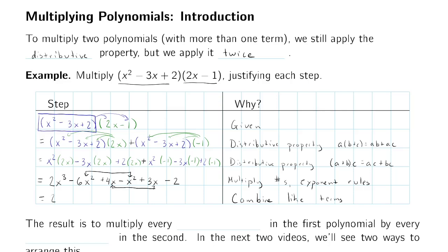So we'll have 2x to the third. Negative 6x squared minus another x squared will have negative 7x squared. Positive 4x plus positive 3x is going to be positive 7x. And finally, minus 2.